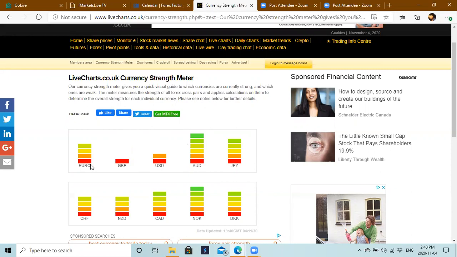Another thing I look for is which one is larger. So we'll say Euro USD, which we're not going to do today, but because we had 4 blocks here and 2 here, I would only be looking for buys, because Euro is stronger.